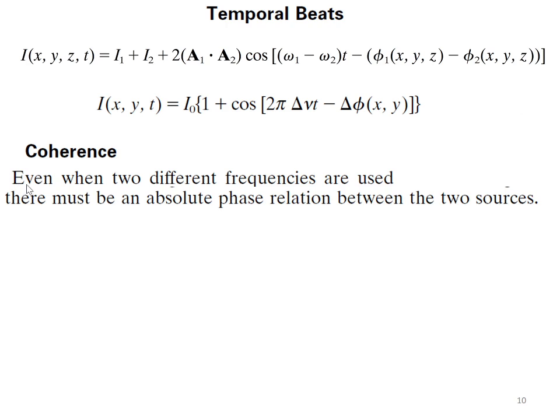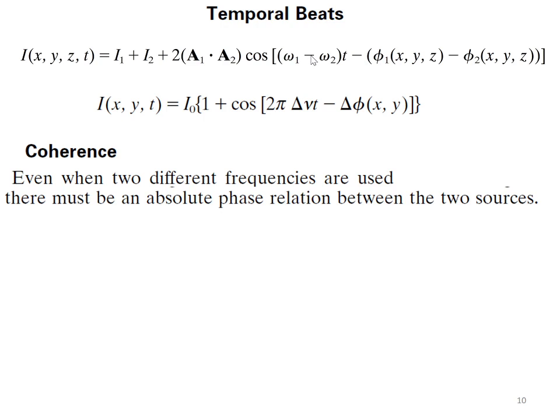Let's assume that the two sources have two different frequencies. Then there must be an absolute phase relation between them. To get rid of those temporal beats, we should take two sources which have exactly the same frequency, first thing.